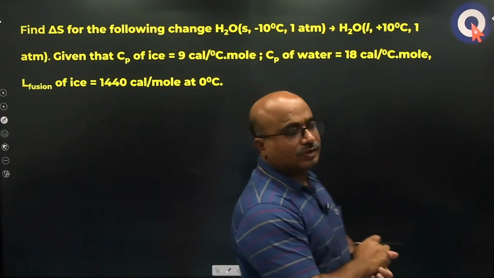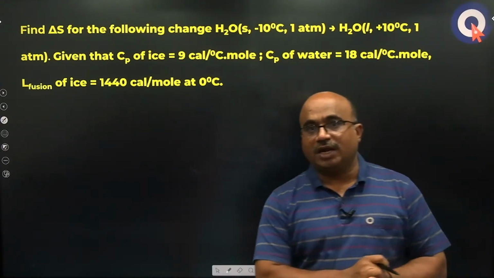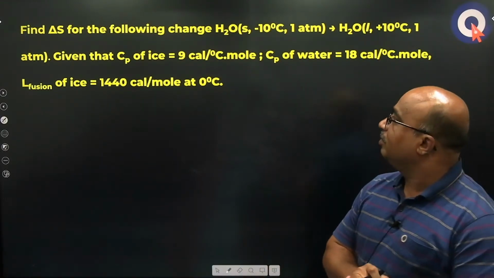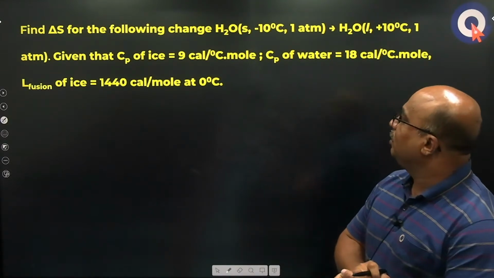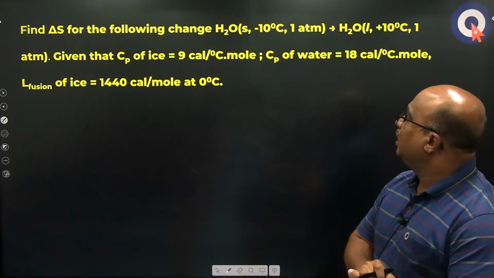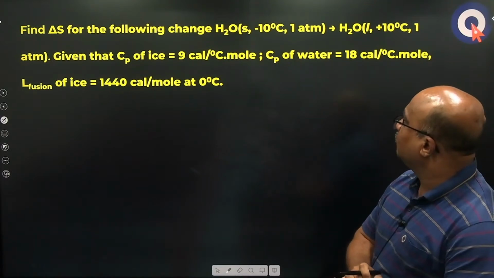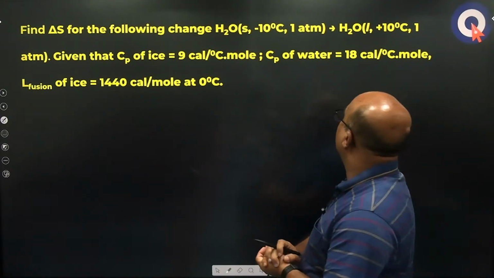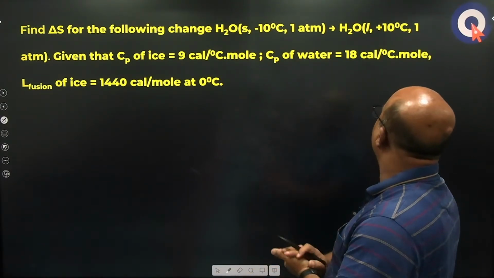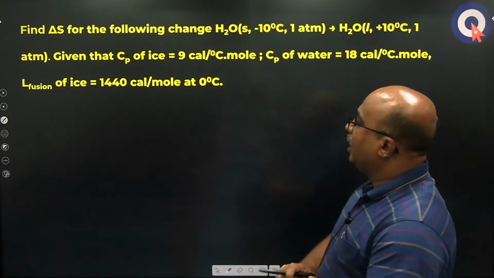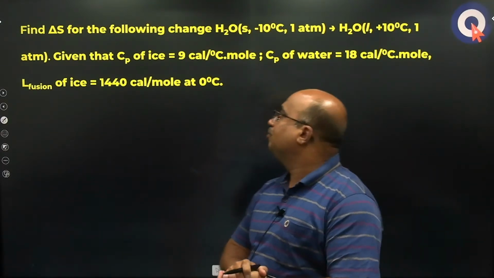In this type of question, during entropy calculations, what do we usually see? Delta S for the following change: water solid at minus 10 degrees centigrade and 1 atmosphere is converted into water liquid at plus 10 degrees centigrade and 1 atmosphere.